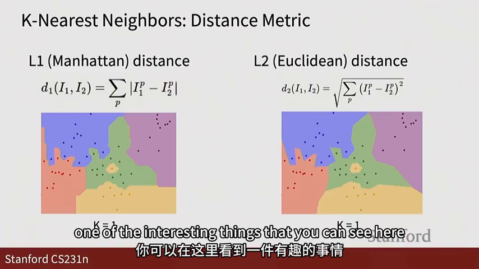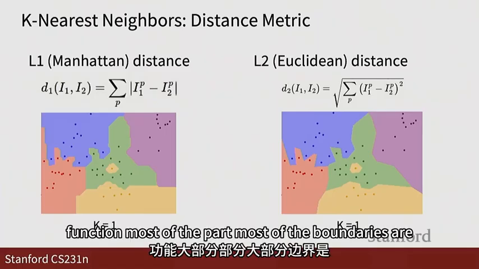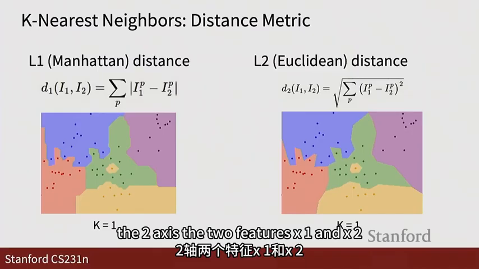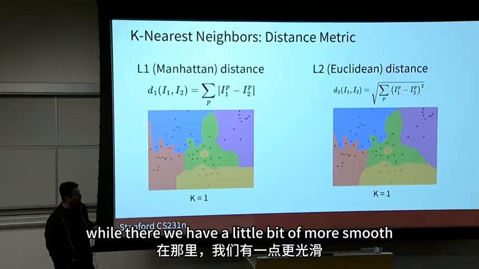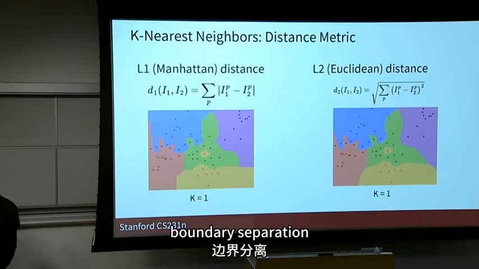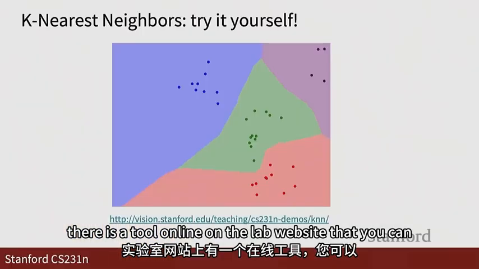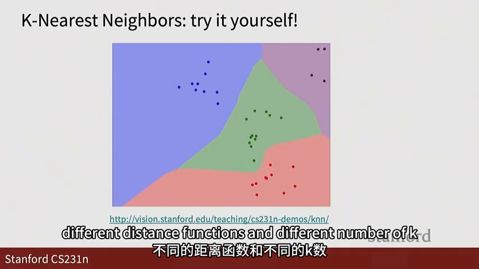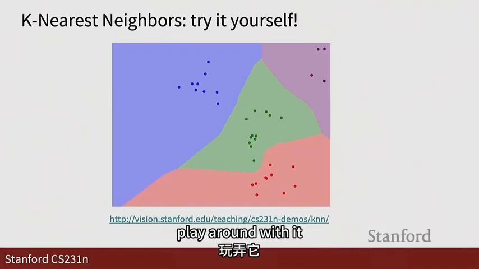One of the interesting things that you can see here is that with the L1 function, most of the boundaries are parallel to the two axes, the two features, x1 and x2, very much sensitive to the features, while with L2 we have a little bit more smooth boundary separation. There is a tool online on the lab website that you can play around with, with different distance functions and different numbers of k. You can create a different setup, so you can play around with it.